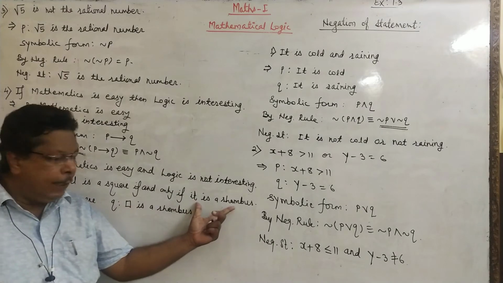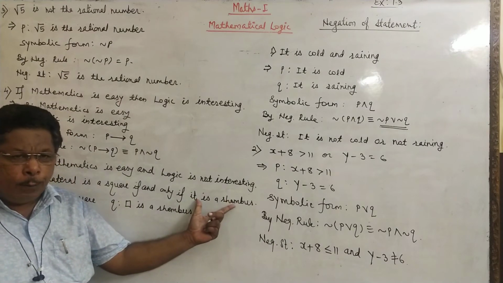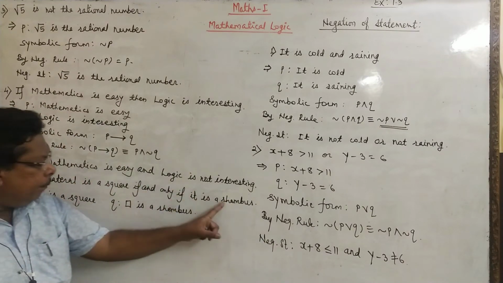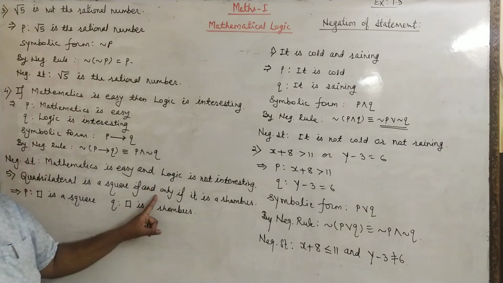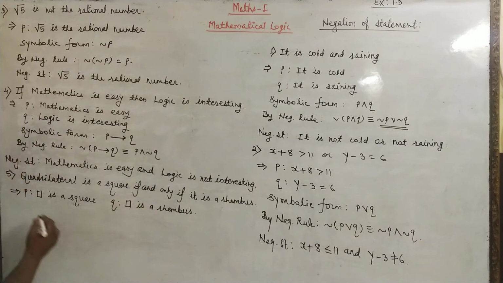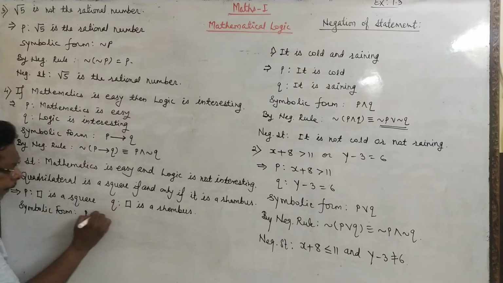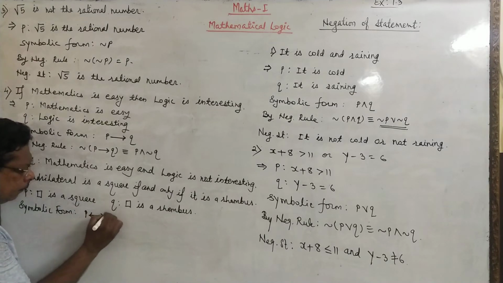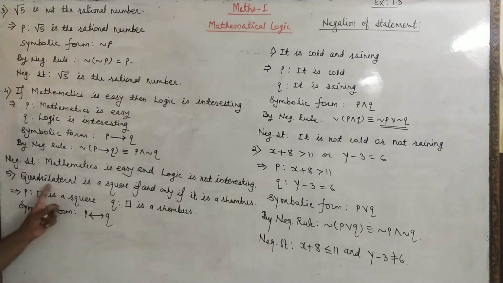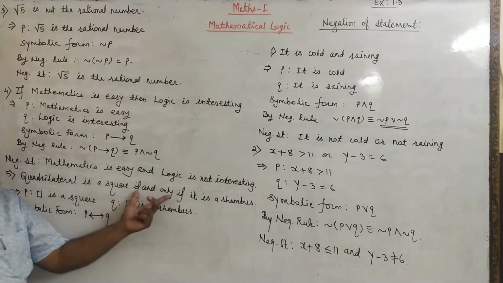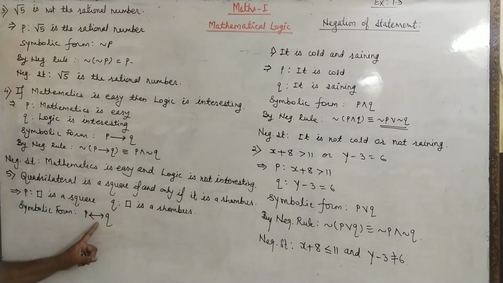Second half is Q, quadrilateral is a rhombus. These two statements are joined by the connective if and only if. Their symbolic form is P biconditional Q. Because these two statements are joined by the connective if and only if, therefore the symbolic form is P biconditional Q.